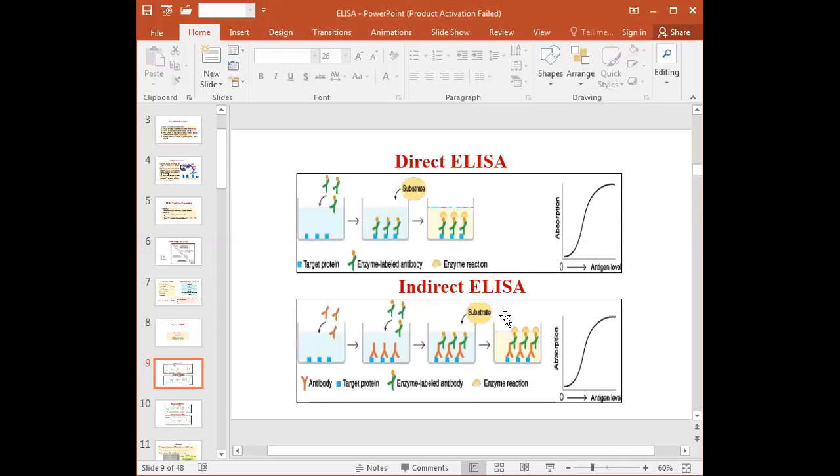Then we add the blocking buffer, rinse, stop the reaction, and go for checking. Here we get a similar data pattern: at the lowest concentration of antigen the absorption will be on the lower side, but at the highest concentration of antigen it will be on the higher side.